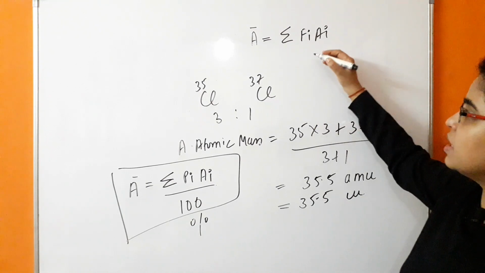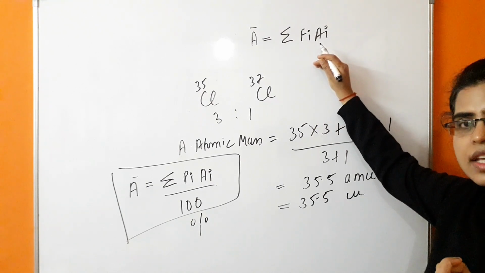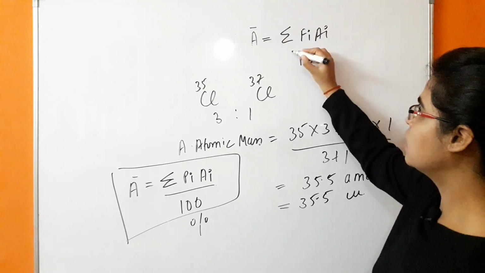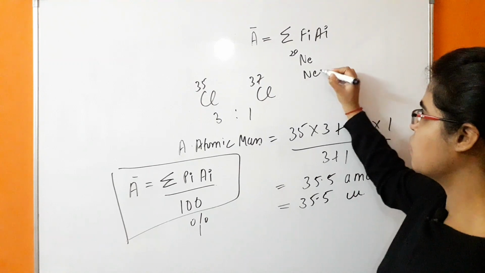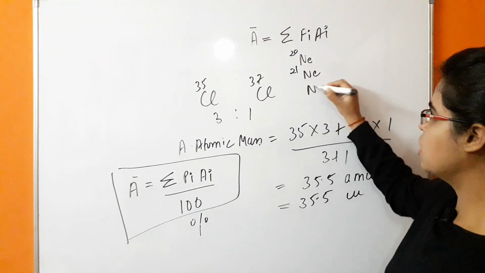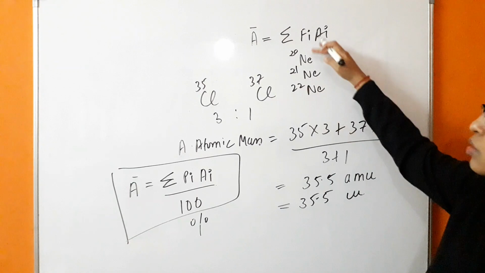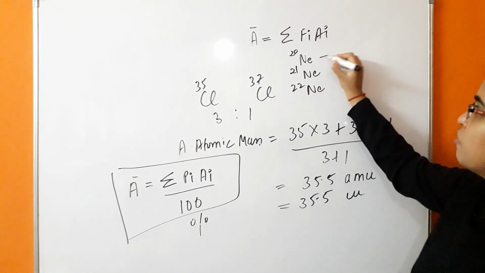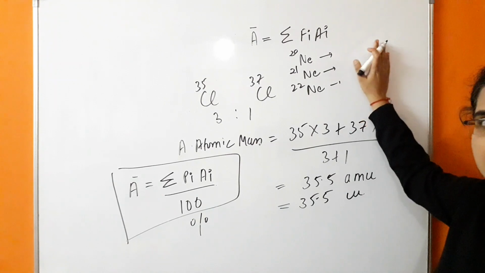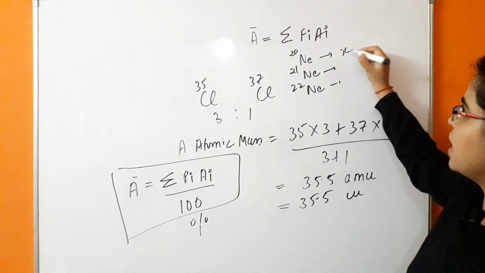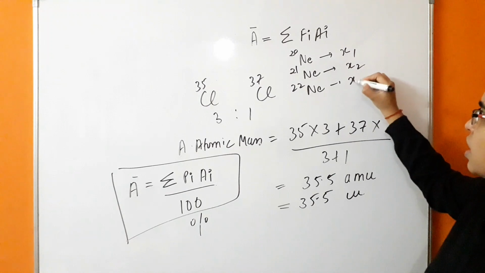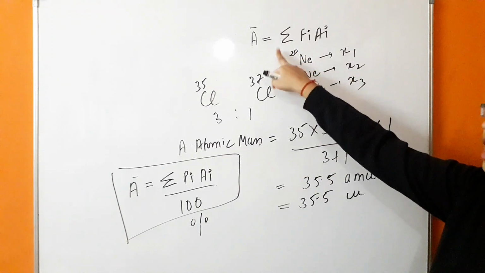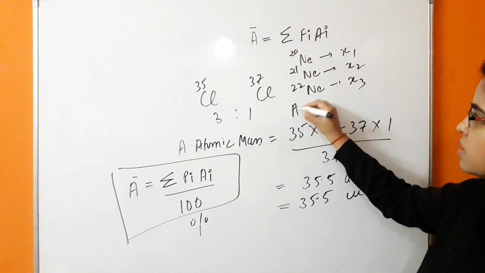For example, take neon, which exists in the form of 3 isotopes: neon-20, neon-21, and neon-22. If the fractional abundances given in the question are x1, x2 and x3, then on putting these values in the formula, what will be the average atomic mass?